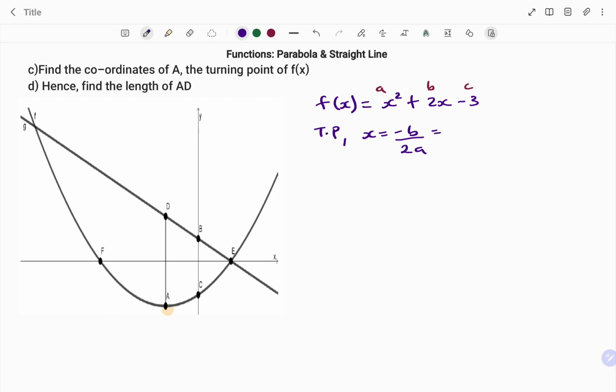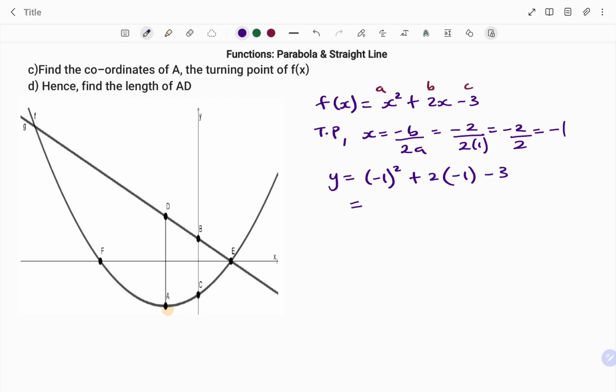That's minus 2 over 2 times 1, that's minus 2 over 2, that's -1. To find the y coordinate, we slot the value of x into our equation. So we have y equals -1 all squared plus 2 times -1 minus 3.